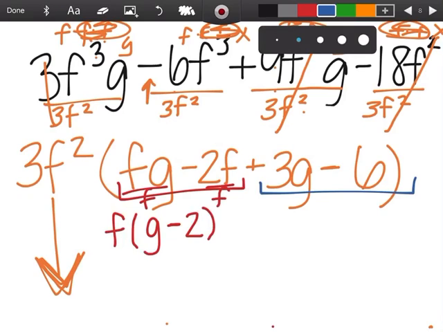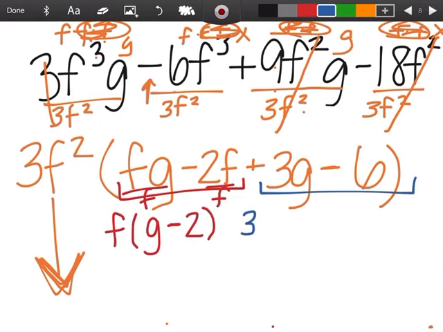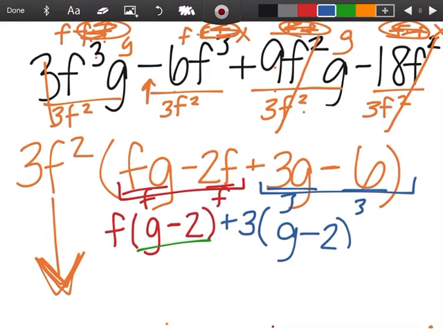In the blue group here, 3g minus 6, what they have in common is a 3. If I'm trying to decide whether to take out a negative 3 or a positive 3, just look at what I want this quantity to end up being. I want it to be a positive g minus 2, and right now the signs are that way. So I'm going to factor out a positive 3, because when I do that, I'm left with g minus 2.